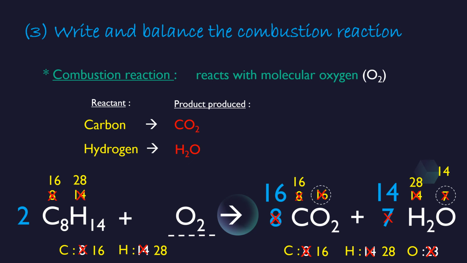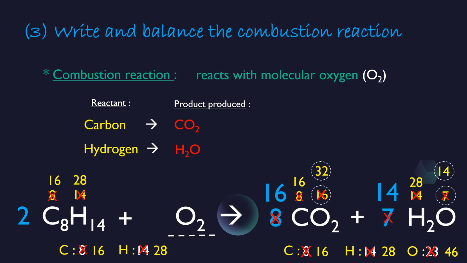The coefficient of 14 indicates 14 oxygens. By the CO2 molecule, the coefficient of 16 multiplied by the subscript 2 will equal 32 oxygens. So when you add all the oxygens on the right side together, you have 32 plus 14 to get a total of 46 oxygens.